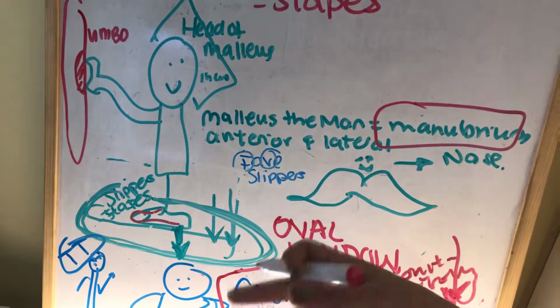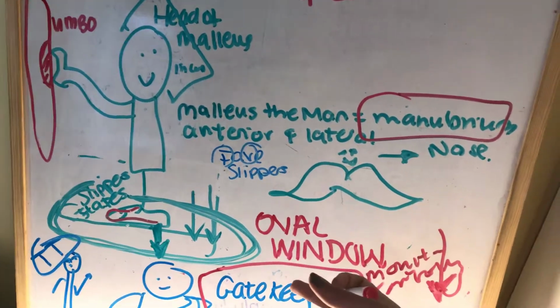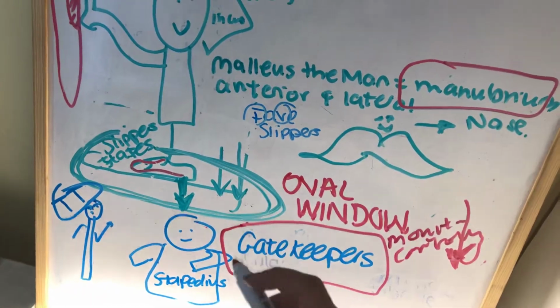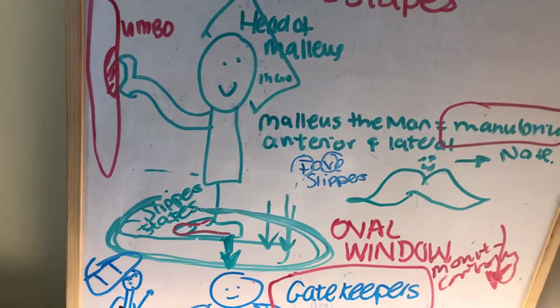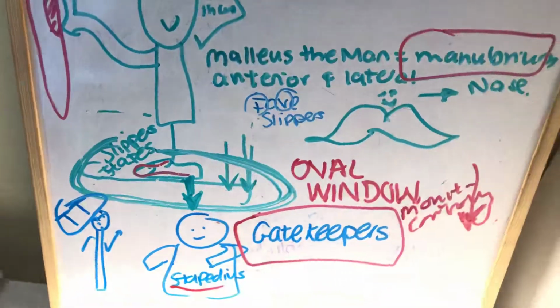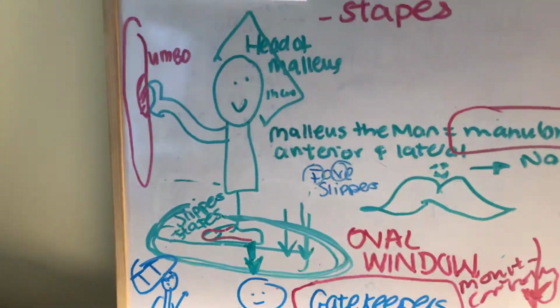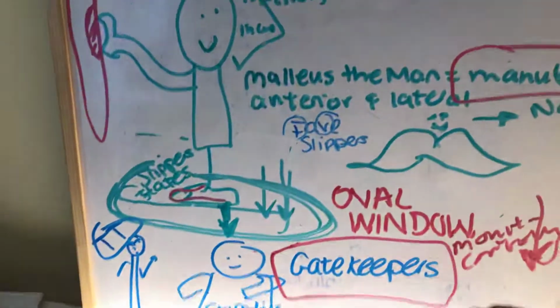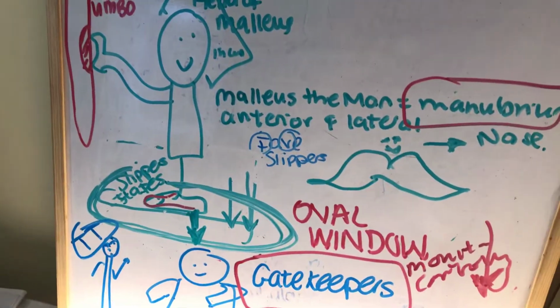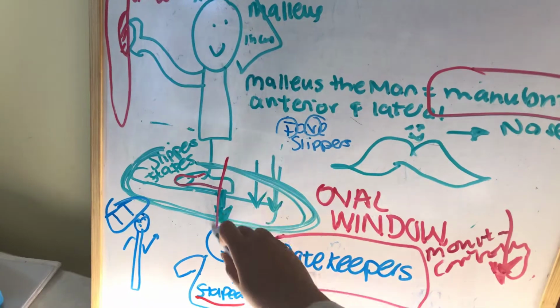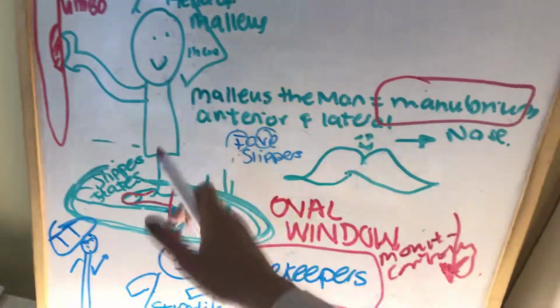So to prevent dangers of overly noisy situations, we have gatekeepers, and these are our two muscles. You have TT, the first gatekeeper, and you have stapedius, the second gatekeeper. They look kind of different. TT looks tall and slim, and stapedius is big. Anyway, we have these gatekeepers. They're responsible for controlling how the sound is transduced and how it's carried out.